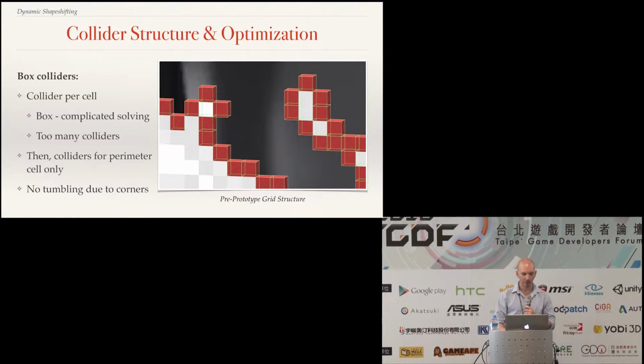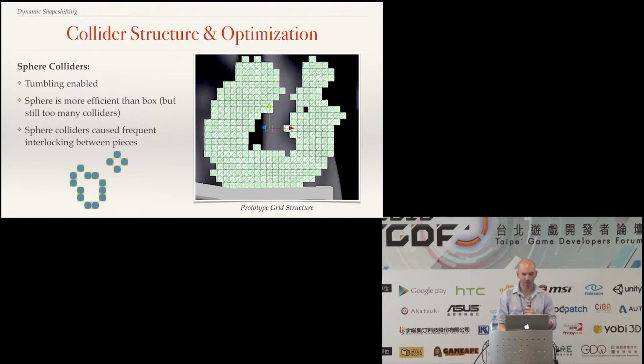Of course, there was no tumble. You couldn't tumble because of the sharp corners. So I changed it into sphere colliders, again, per each one of the perimeter cells. Tunneling was enabled, but there were still too many colliders, and when you only leave the perimeter colliders, you'll have this interlocking between different pieces.